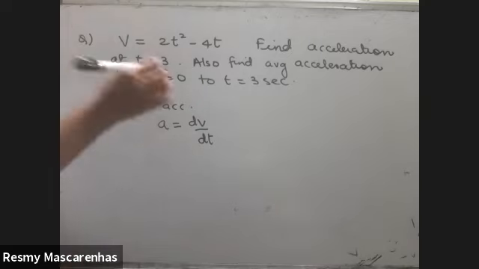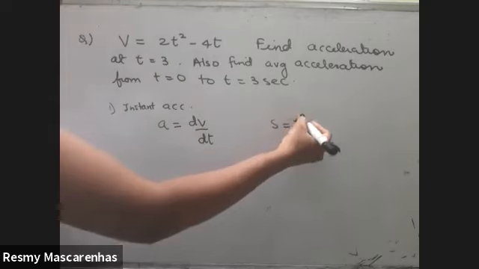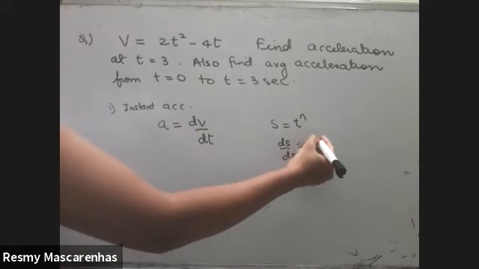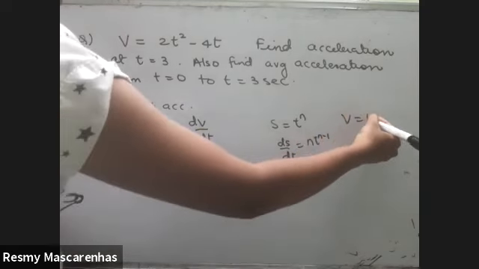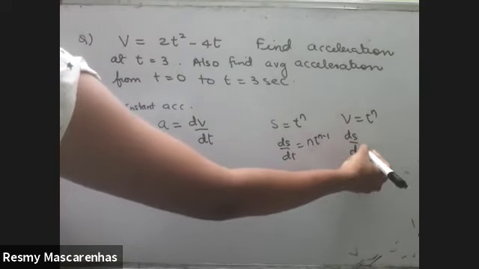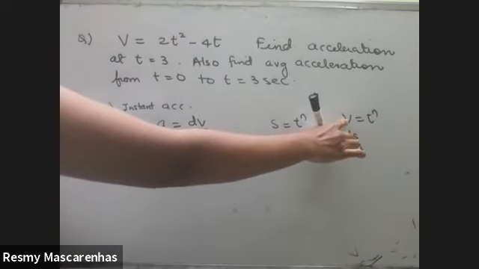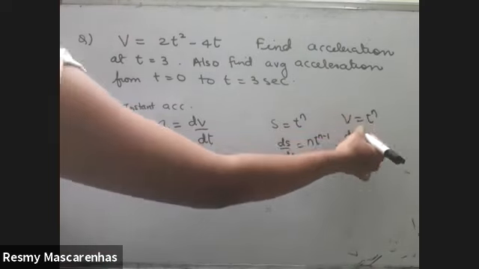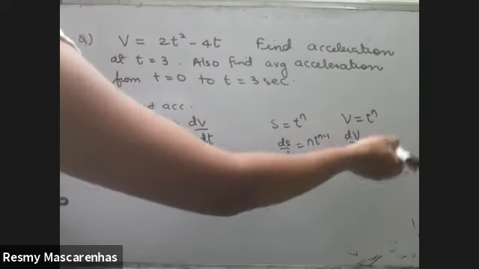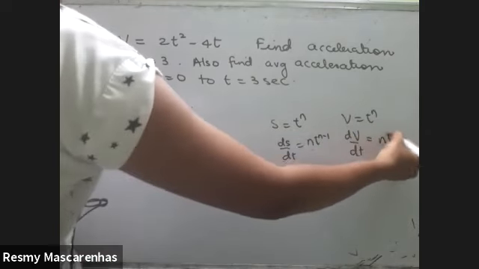So here, if the letter S was there, we use ds upon dt. Now if the letter V is there, which formula will come? Definitely you cannot write ds by dt here because this is not S. So the only difference here will be V, but whatever answers you get on the right hand side will remain the same, whatever I had given in the table.